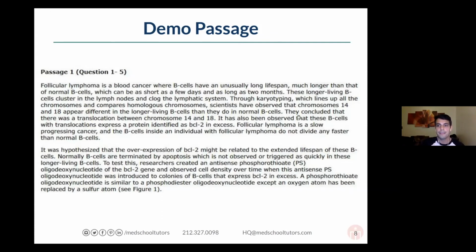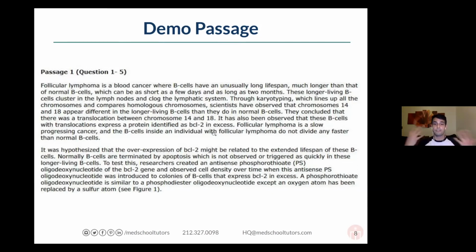Moving on, they concluded that there was a translocation between chromosome 14 and 18. It has also been observed that these B cells with translocations express a protein identified as BCL2 in excess. Okay, so recapping, karyotype was different between normal B cells and longer living B cells. The karyotype was different because of a translocation between chromosome 14 and 18.